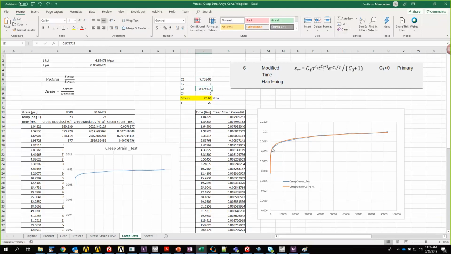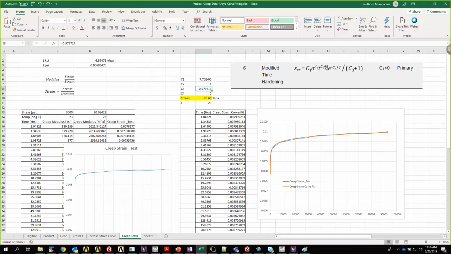Now if you look at it, as the time increases, the rate at which the creep strain increases is reducing. See here, at initial time, the creep strain is very sharply jumping. But if you go towards later time, the amount of increase in the creep strain for the same duration of time is relatively less.